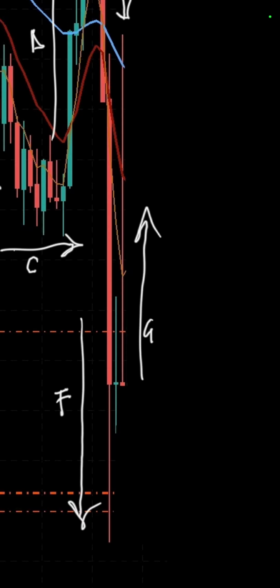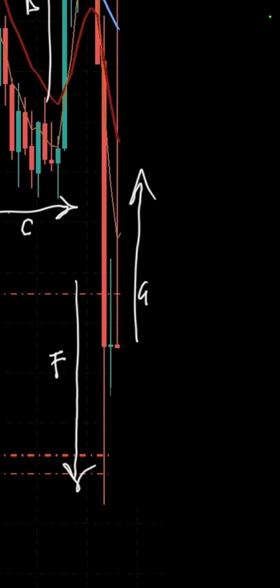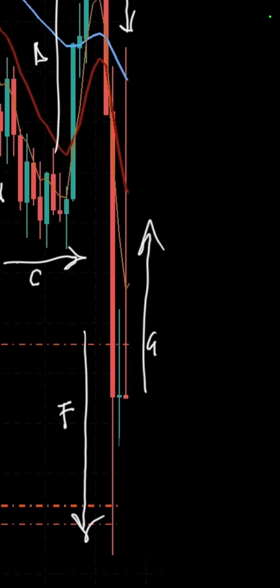Either way, traders have been made to believe that the market is in a state of confusion. So in our context, we see this as the formation of the first leg.